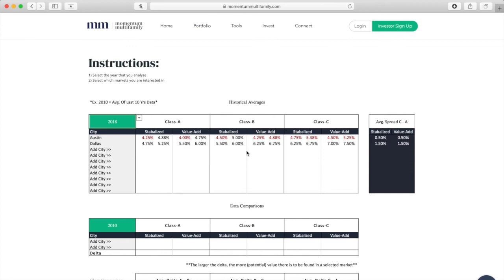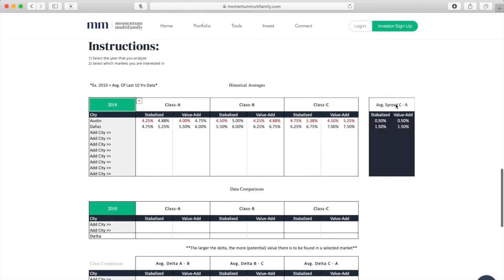Or maybe you're a lender, an underwriter, or a property manager, and you just want to look at data, how markets have performed over time. This is a very helpful tool for you as well.